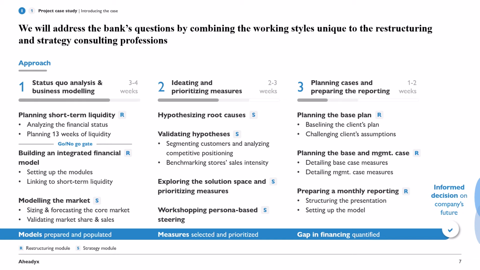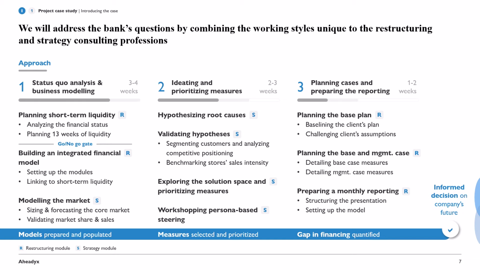So typically in strategy consulting, you do 3 workshops. You first do a problem identification workshop. Then second, you do a solution space development workshop to see what's possible. And third, you have a solution selection workshop in which you prioritize and choose what you're actually going to do. And here at the very end, we have this 4th workshop even on persona-based steering, which I included for educational purposes so that I can show you how to do design thinking workshops.